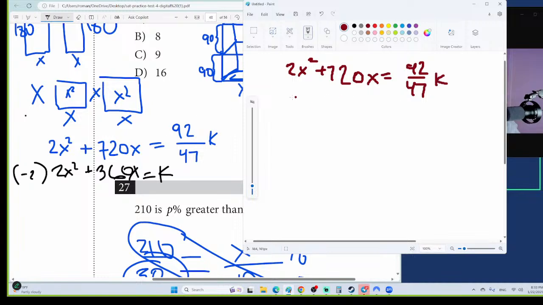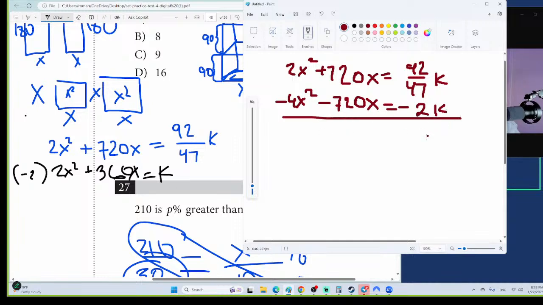The second equation will be -4x squared minus 720x equals -2k. Now we're ready to eliminate those 720x, which is going to be -2x squared equals 92 over 47 minus 2.